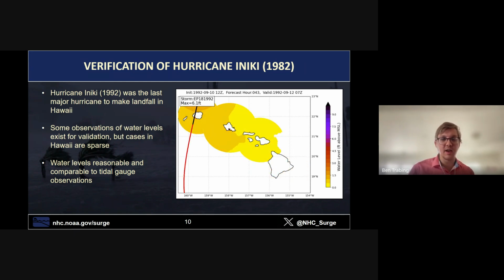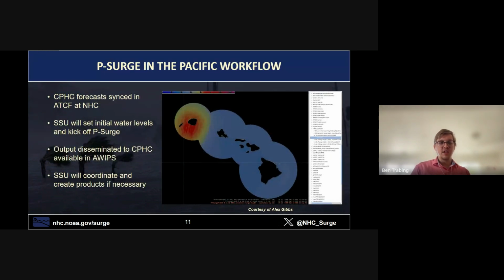And if we go to the next slide, for next year, when we incorporate P-Surge into the Pacific and run it for Hawaiian operations, I just want to give you a sense of the workflow. So CPHC's forecasts will be synced up through the ETCF at NHC. And so we'll get that information at the National Hurricane Center. The storm surge unit will be the one setting the initial water levels and kicking off P-Surge.